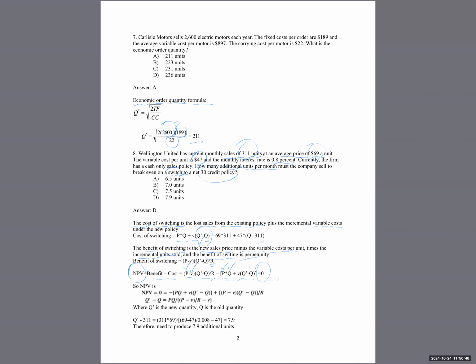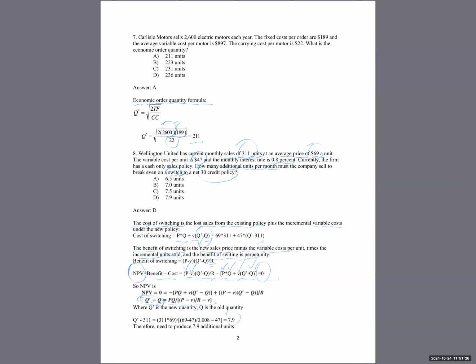When we plug everything into the equation, the difference Q minus Q, which is the new sales minus the current sales, equals P times Q divided by P minus V over R, minus V. So we calculate that the additional units per month would be 7.9 units.